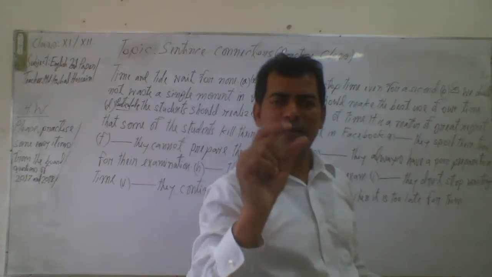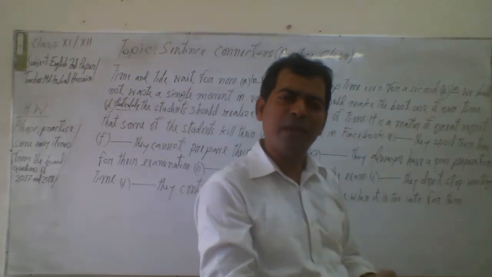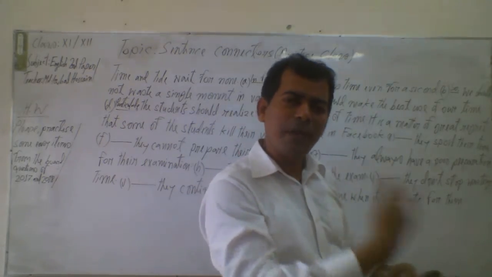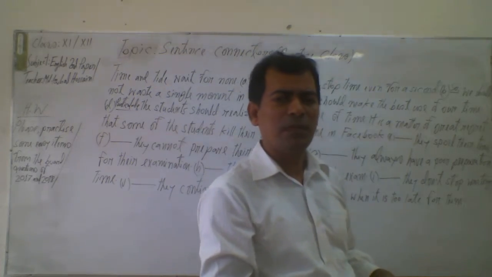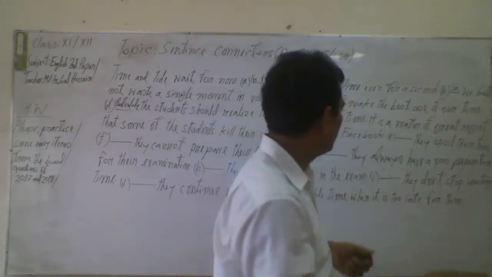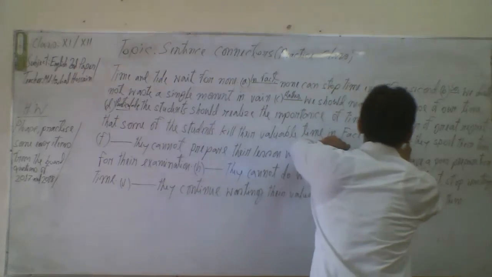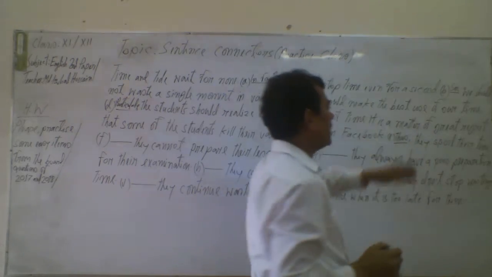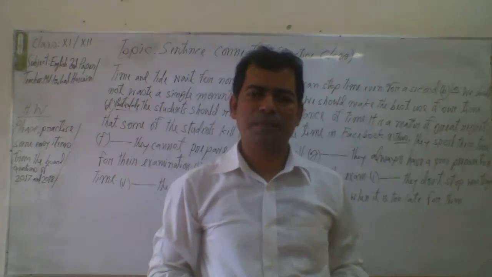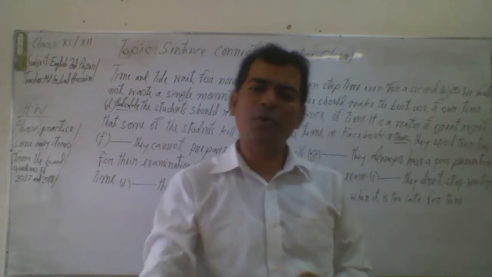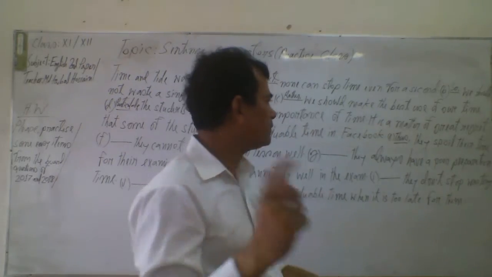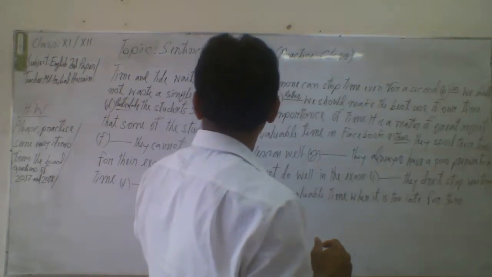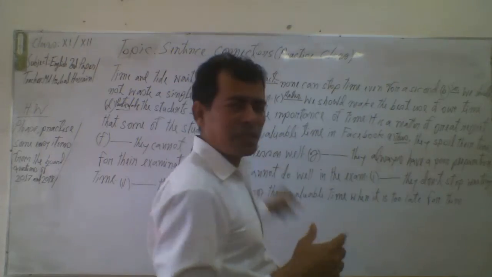Here is a gap, a space. We have to use the connectors. If I use it in this way, doing so, or this way, or thus, they spoil their time. In which way? So, what is the result?